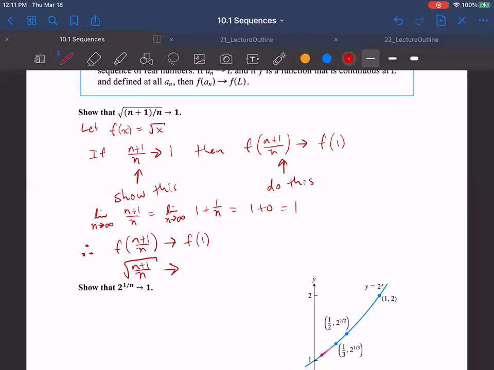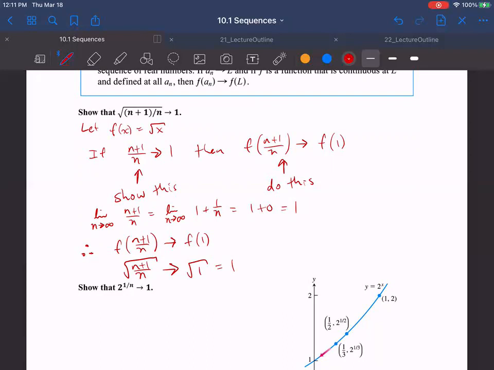And therefore, it goes to the square root of 1, which is just 1. We're using the behavior of a function to determine what this is doing, right?